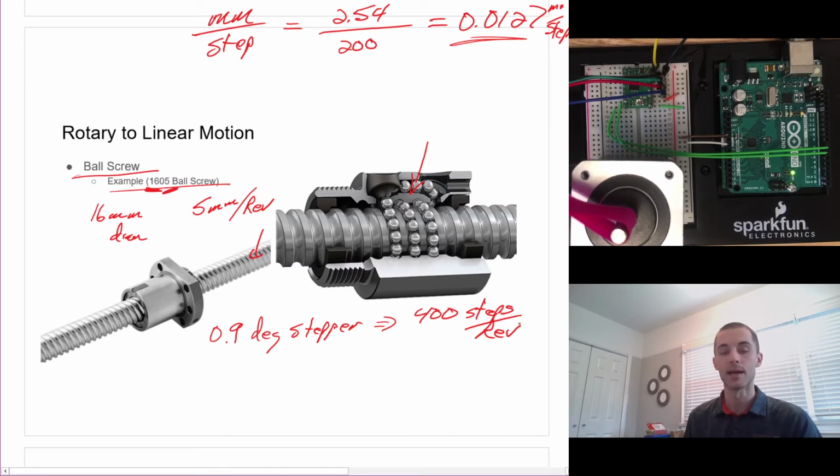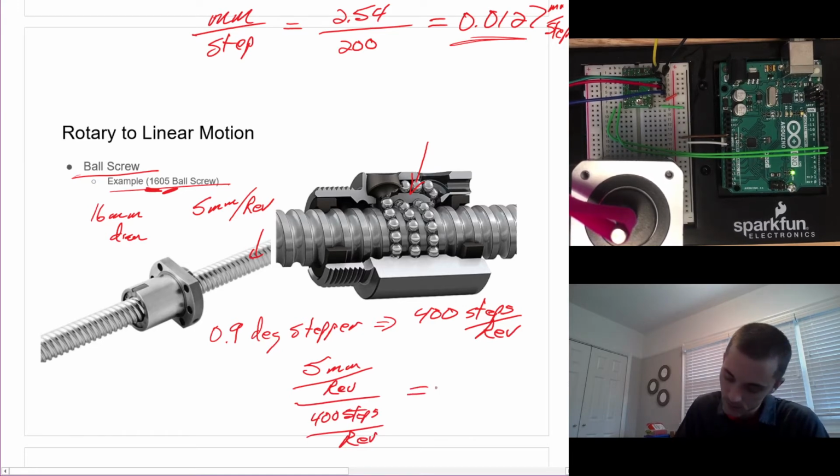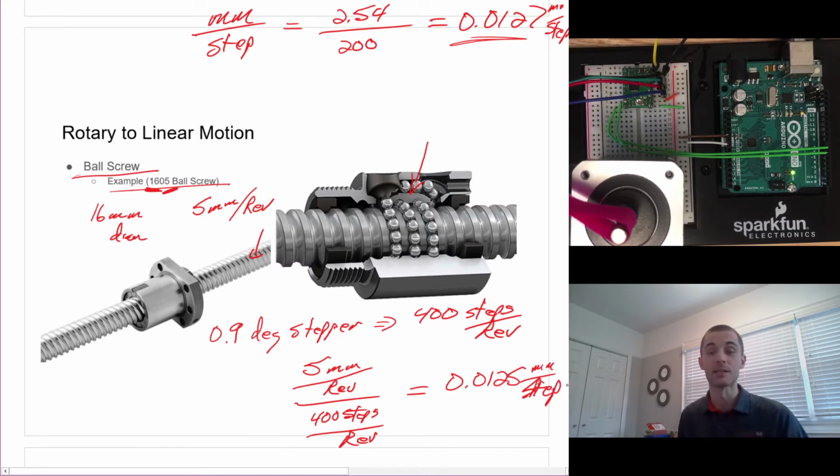And so we can take that 5 millimeters per revolution and divide by our 400 steps per rev, and we get, some days I just can't math, 0.125 millimeters per step. Can't even write today. So very small movement.